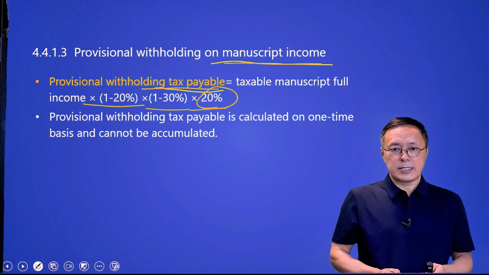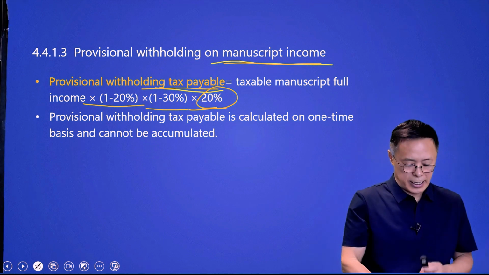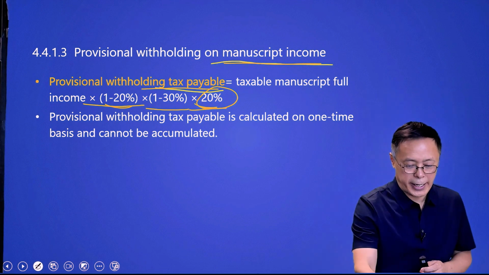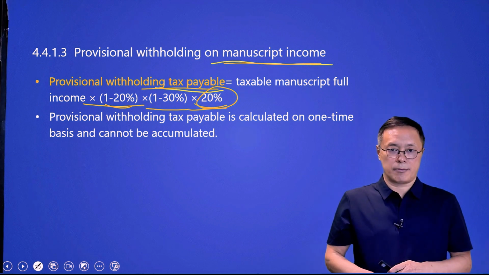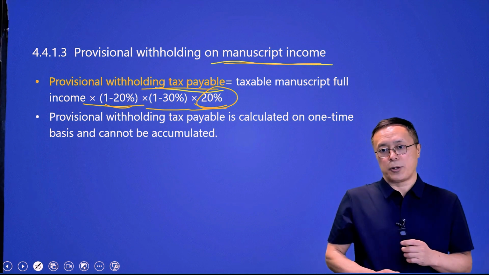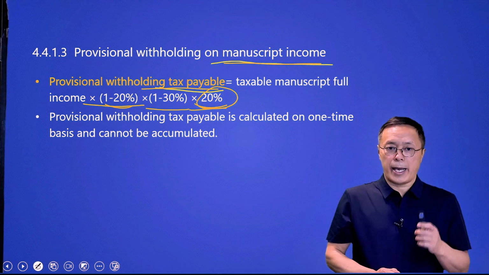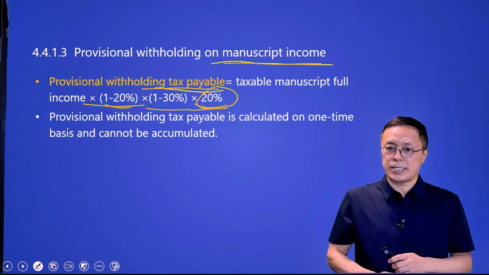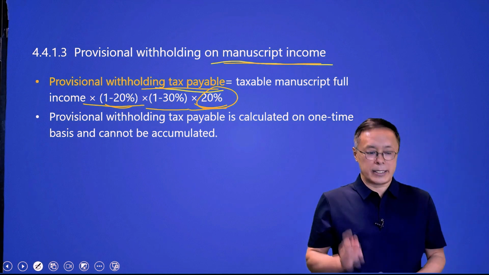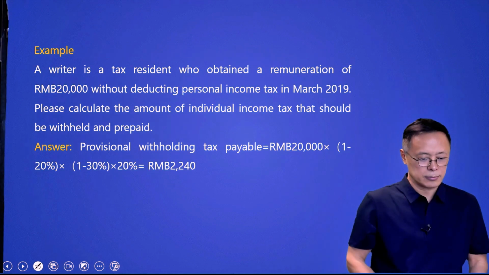In the formula, the first 20% is a deduction and the second 20% is the applicable tax rate. The same as services income, provisional withholding tax payable is calculated on a one-time basis and cannot be accumulated. Take a look at the example.